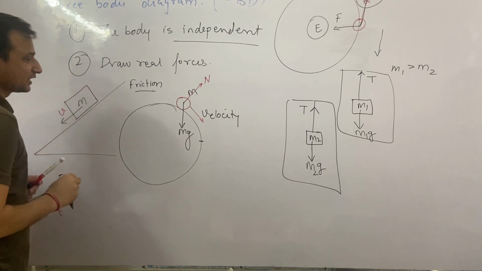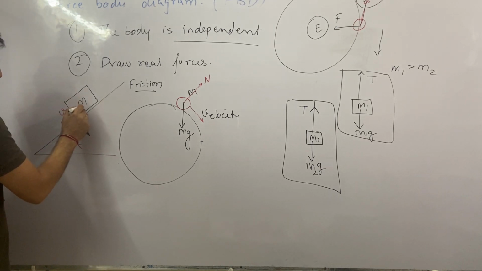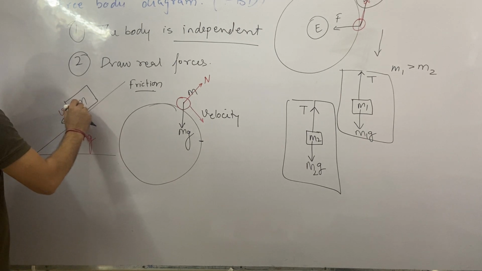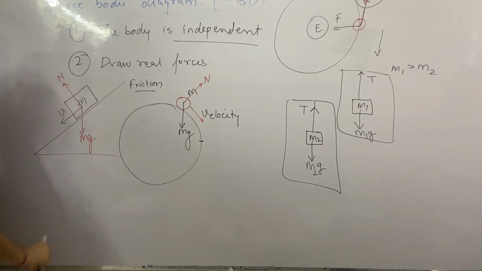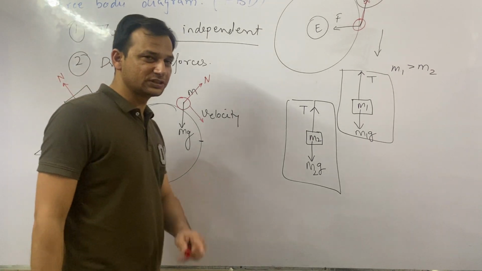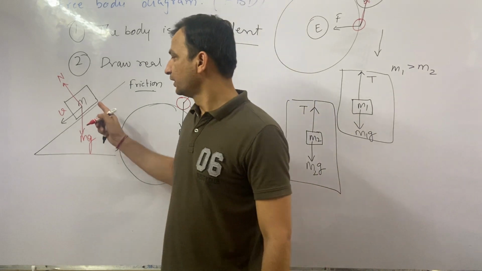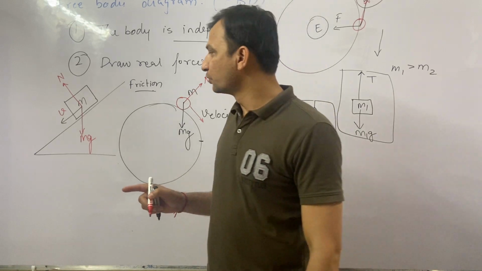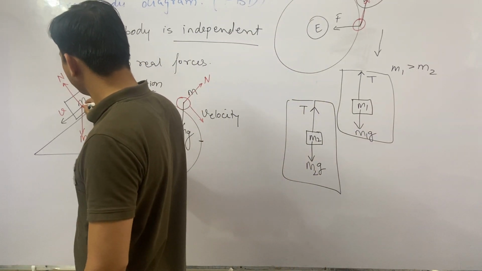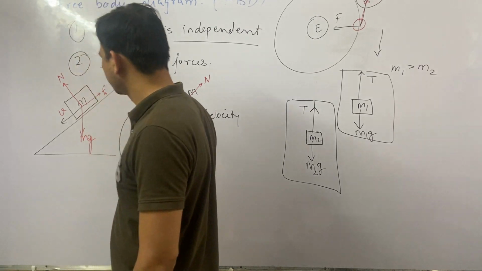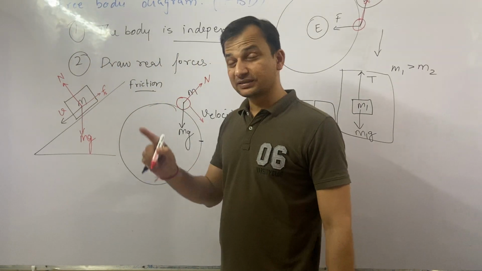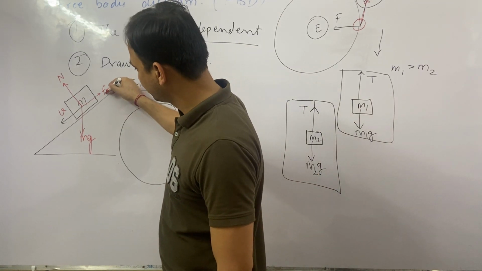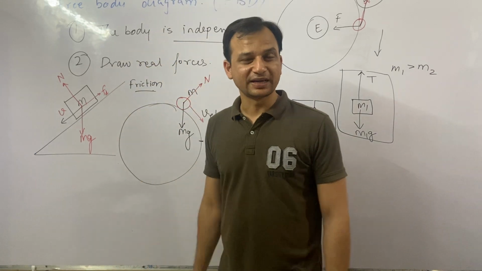The three forces acting on the body are weight, mg, downward; another one, normal reaction; and the third force is force of friction, and force of friction acts opposite to the motion. So the friction is something like this, Fs, and since the body is moving, I should not write S, I should write Fd. D represents dynamic friction.